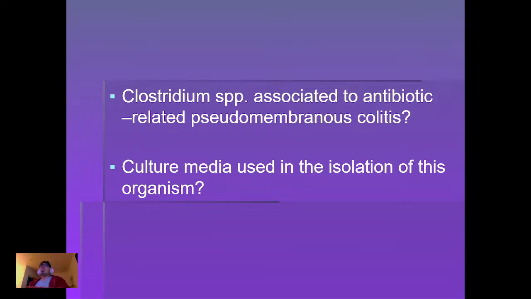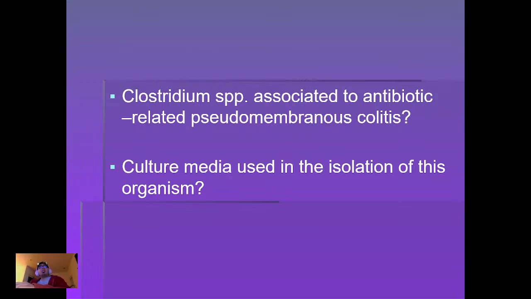Let's talk about Clostridium species based on antibiotic-related pseudomembranous colitis. This is something that you will keep on hearing because it is now a trend to test this. Clostridium difficile. Okay?